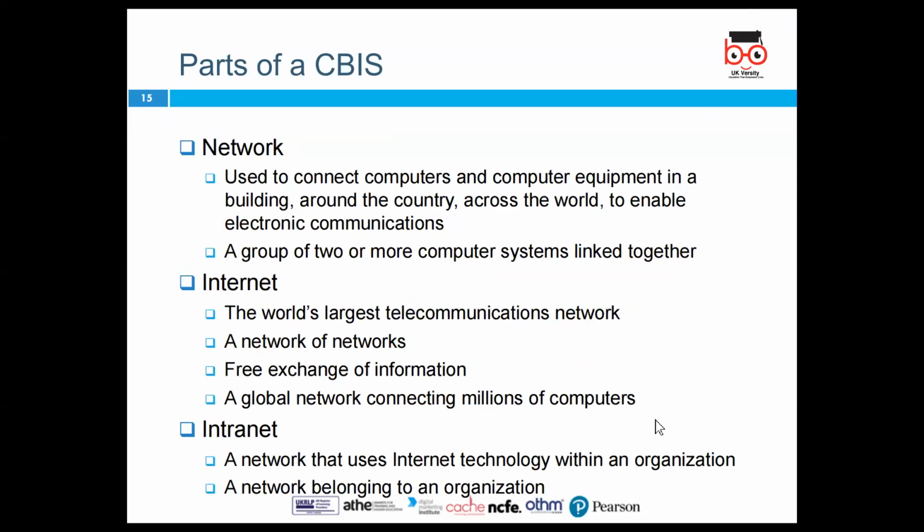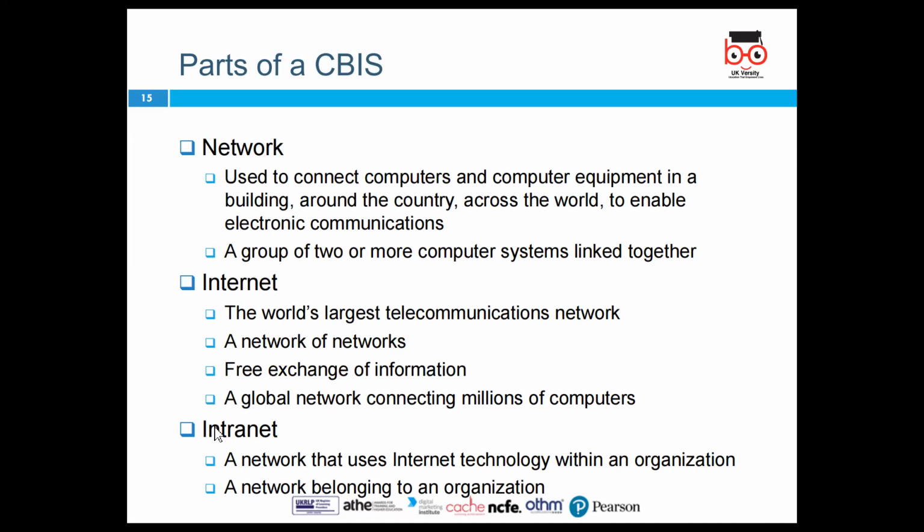And we have network. The purpose of the network, which could be a local area network, wide area network, or metropolitan network, depends on the type of connectivity we will need. And altogether, they're going to make our internet.